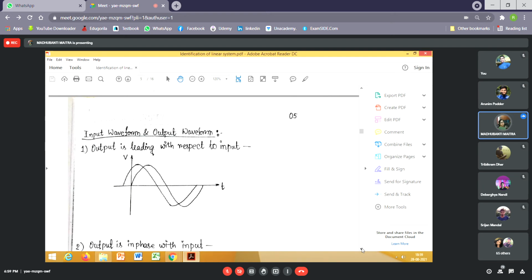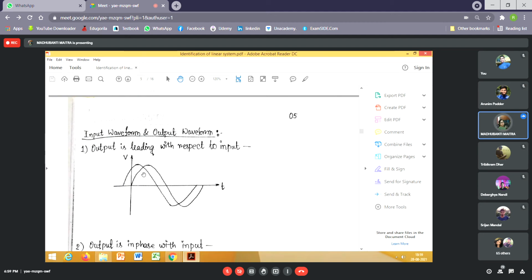One is the input waveform, another one is the output waveform, output sinusoid. In this report, the input waveform and the output waveforms are not labeled properly. So we'll have to plot these waveforms as well. That is also part of your report. And you'll have to label the output and the input waveform.